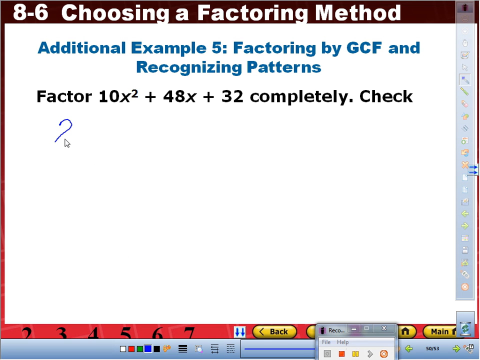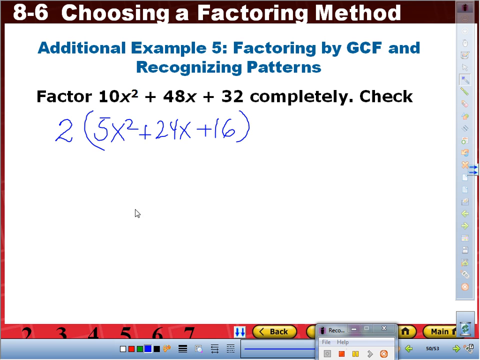Okay, 2. Is there any variable repeating in each term? Nope, so it's only 2, so let's simplify that. 10x squared divided by 2, that's 5x squared, plus 48x divided by 2, that's 24x, and 32 divided by 2, that's 16.